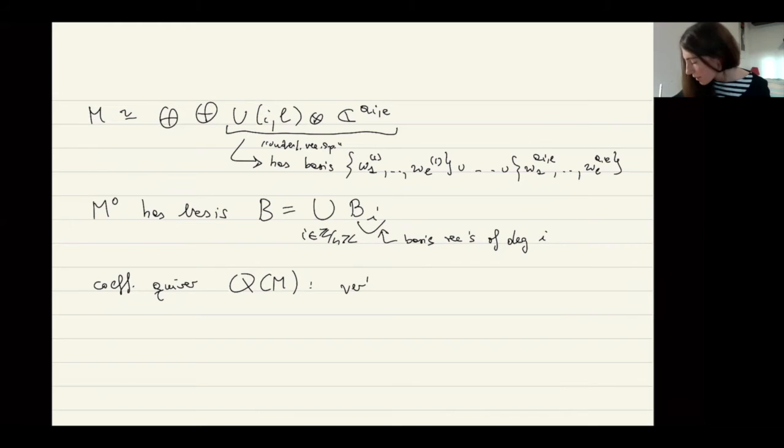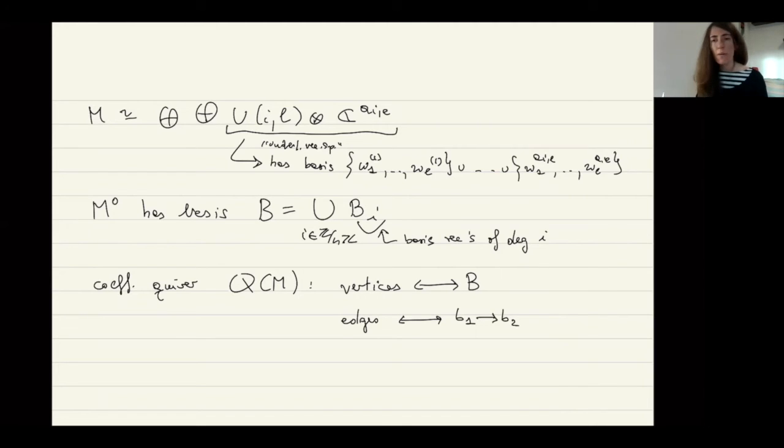Its vertices are the elements of this basis, and for edges, let's say B1 and B2 from the basis are connected, with arrows oriented in this case as for Delta_N, but that wasn't the case for the Bowman graph, if and only if my endomorphism M sends B1 to B2.